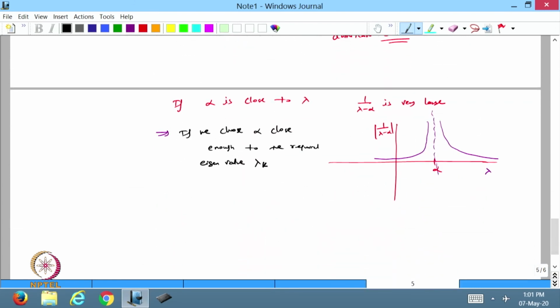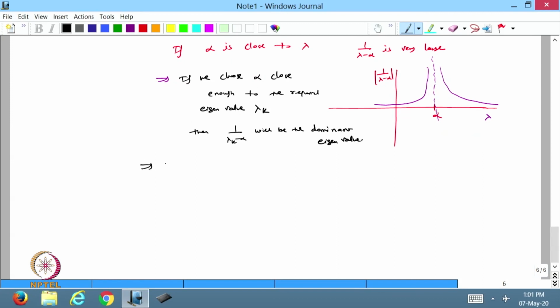So, this is the lambda k I have chosen. Then 1 over lambda k minus alpha will be the dominant eigenvalue. So, that will be the dominant eigenvalue.